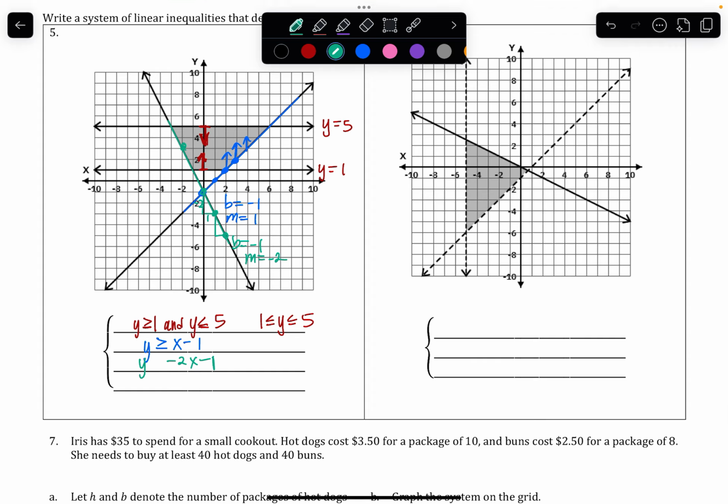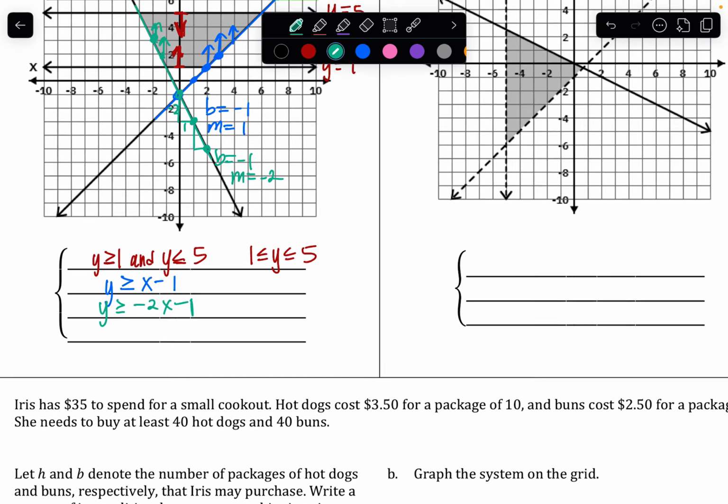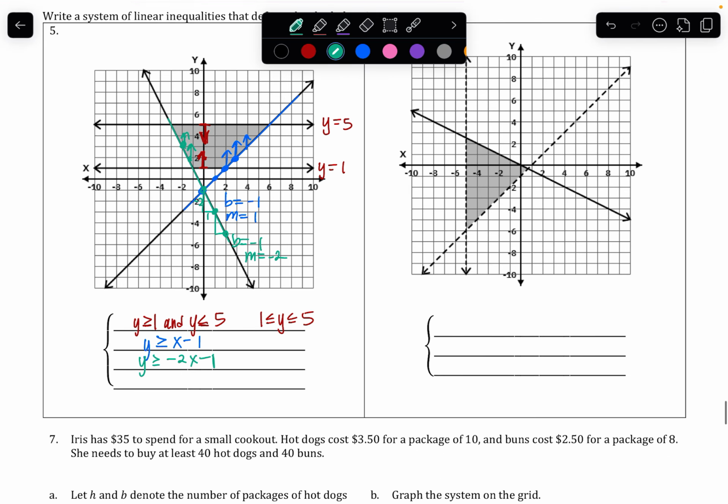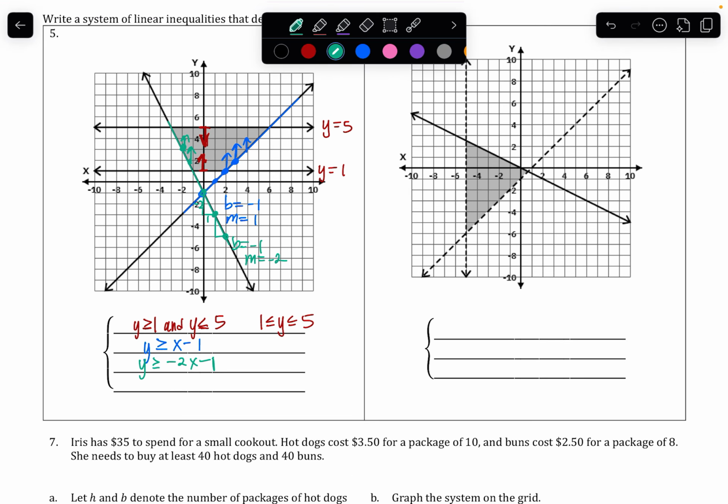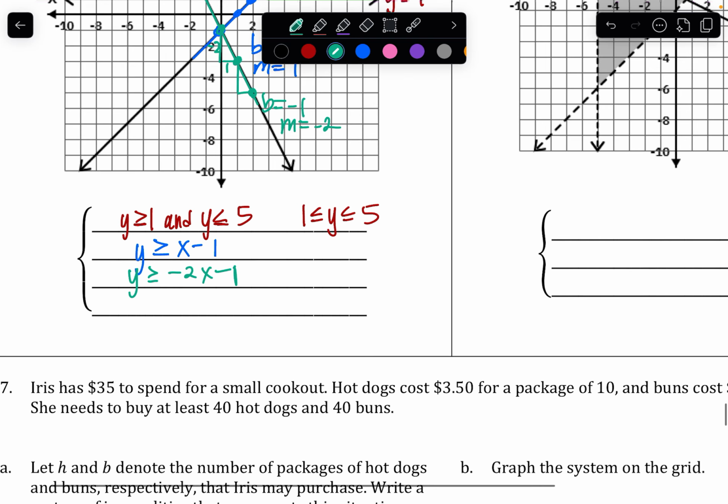And if we draw some arrows to the shaded region, we are above the green line. Okay, and then that's 1, 2, 3, 4 lines, and we've got our 4 inequalities.